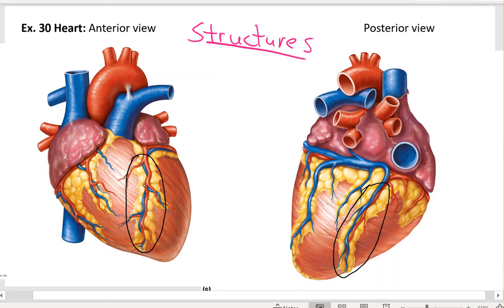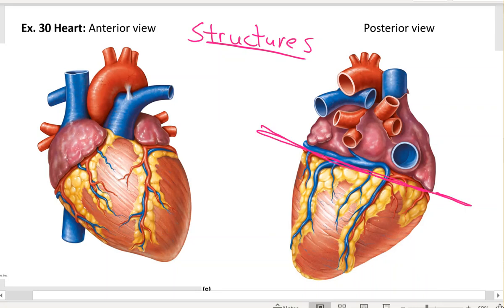And so on this side, on the front, it's going to have an anterior interventricular artery in the anterior interventricular sulcus, and on the posterior, it's going to have a posterior interventricular artery in the posterior interventricular sulcus.